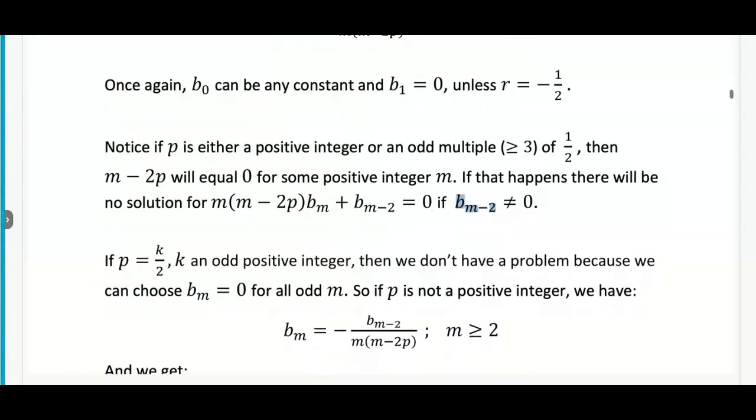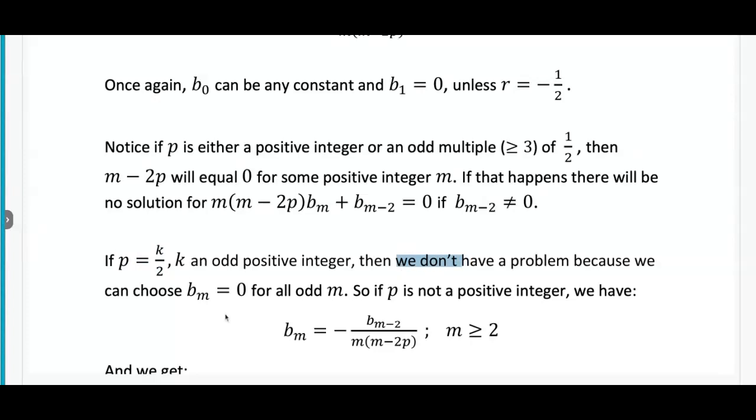If p equals k over 2, where k is some odd positive integer. Because if k is even, p is an integer. So if k is some odd integer, that forces p to be a fraction. So what happens?